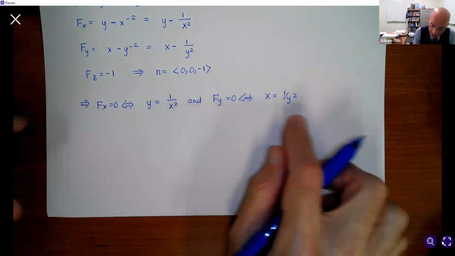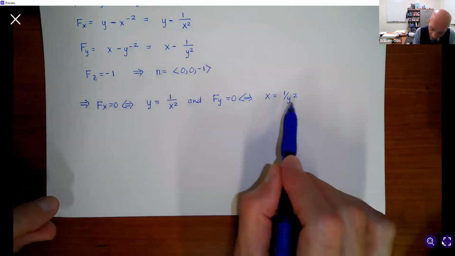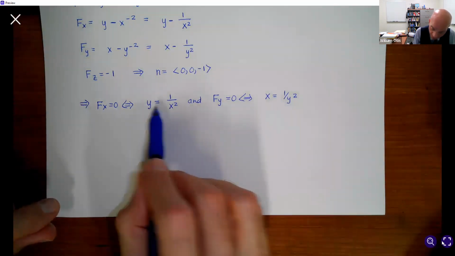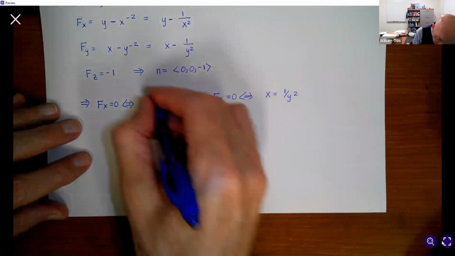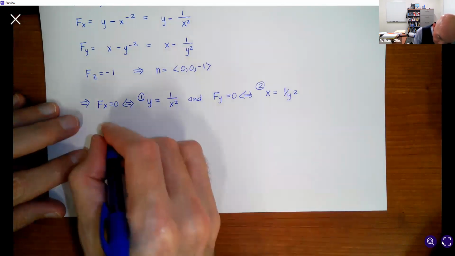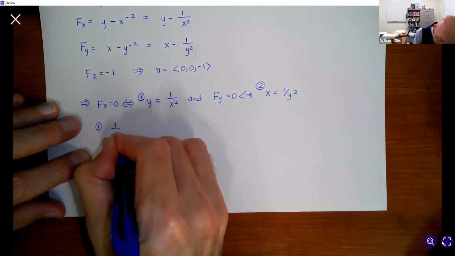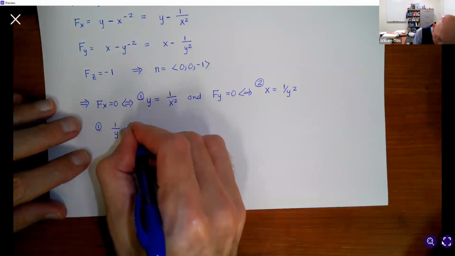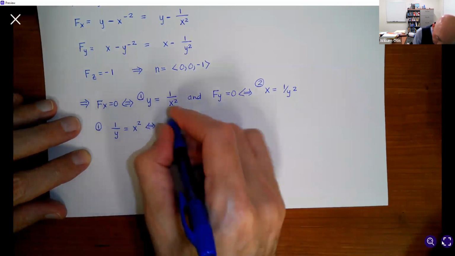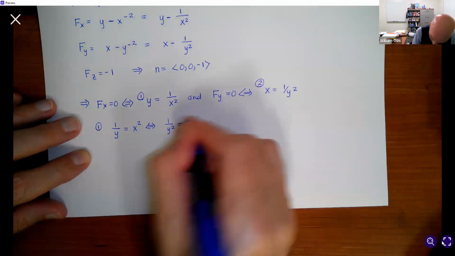So at this point, we can just use basic substitution. Notice that we can replace the y here with the expression of y here, but this is in the denominator. So if you want to call this equation 1 and this equation 2, we would have by 1 that 1 over y is just equal to x squared, and therefore, through squaring, 1 over y squared is just x to the 4th.